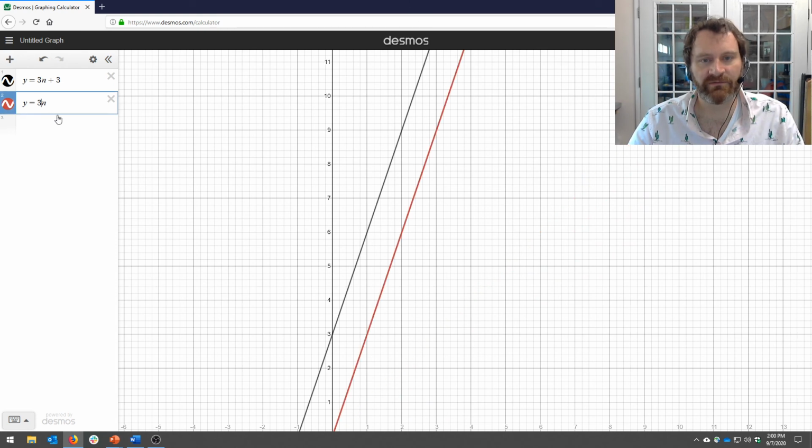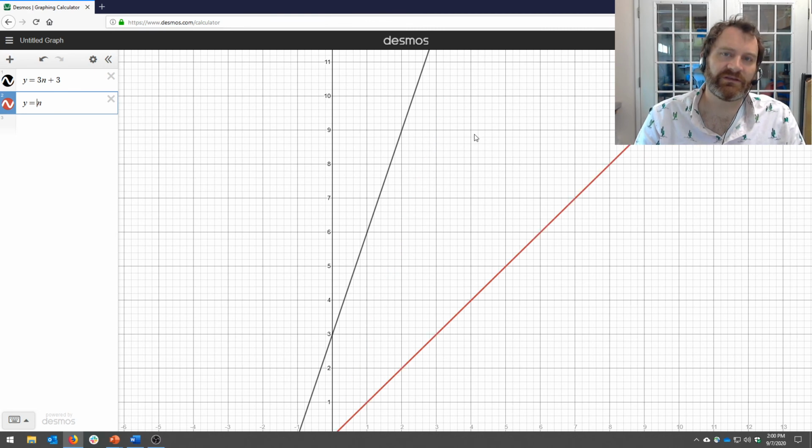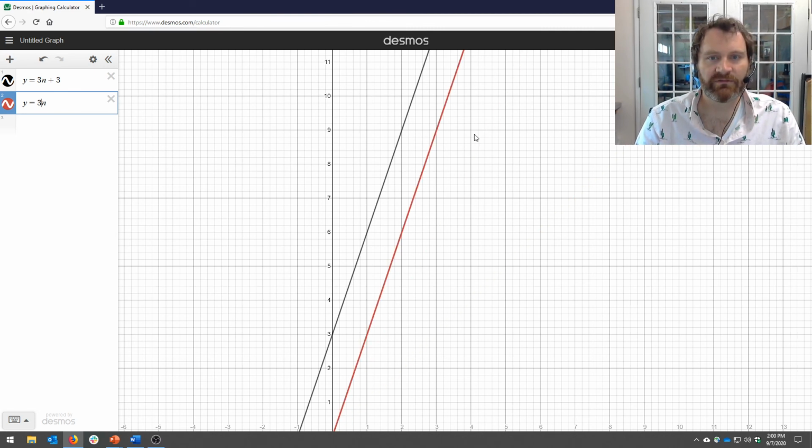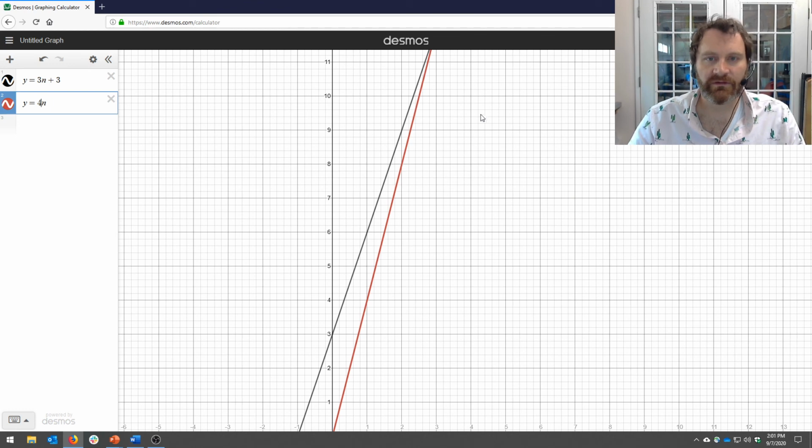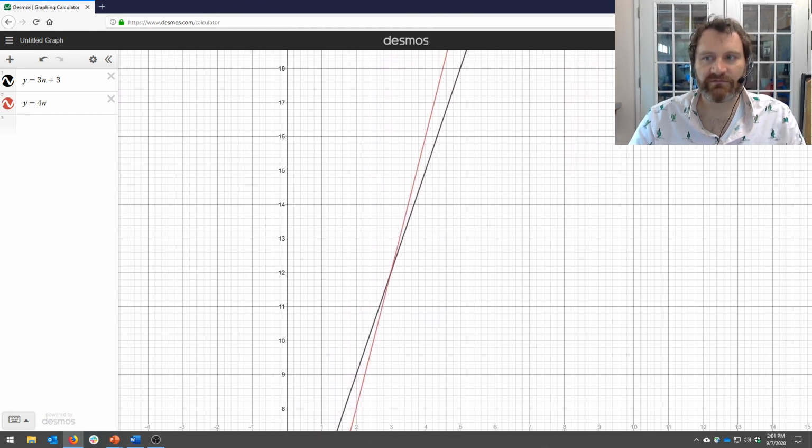What if we pick 3? You can see that putting a constant in front of the linear line puts it at a sharper angle. What's going to happen if we do 4? Eventually they cross right here.